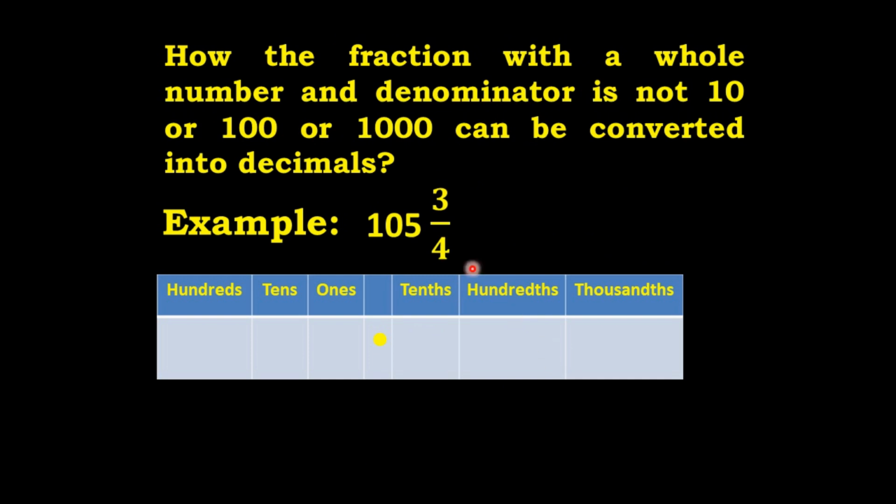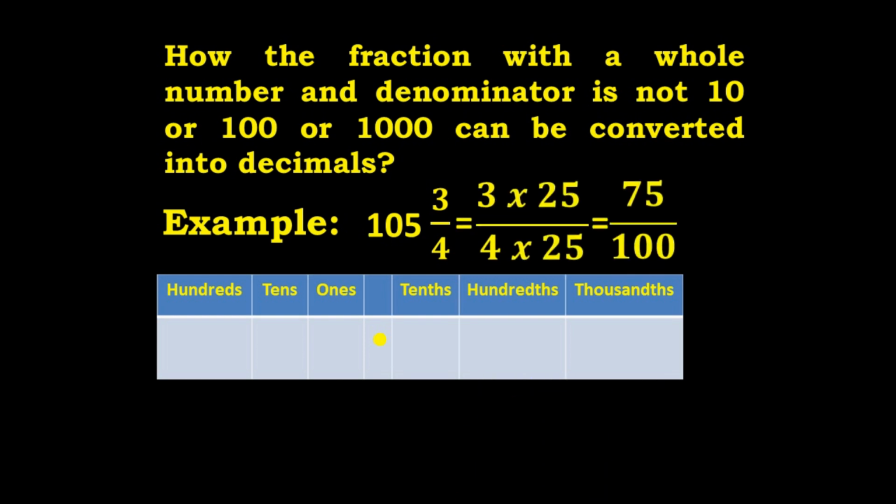Okay, next example. So this time we have a whole number 105 and 3/4. So we already converted this fraction into decimal form, but let me show you again the steps. Okay, these are the steps, and we knew already that the decimal form of 3/4 is 0.75. So the next question is, what are we going to do with this whole number?